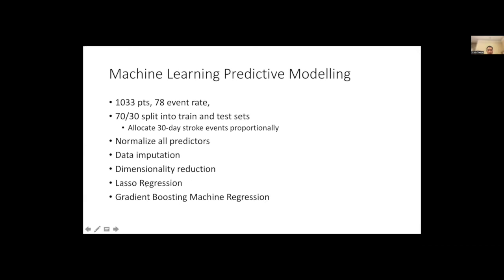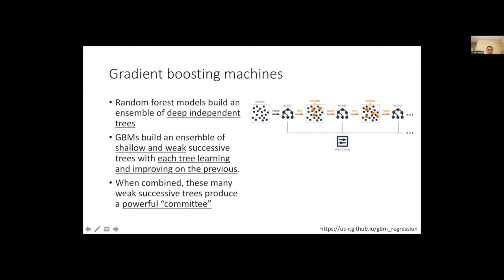Now, in terms of the regression model, there are 2 models that we tried out, the Lasso regression and the gradient boosting machine regression models. In simple terms, the gradient boosting machine is a type of machine learning where it builds on successive shallow or weak trees.